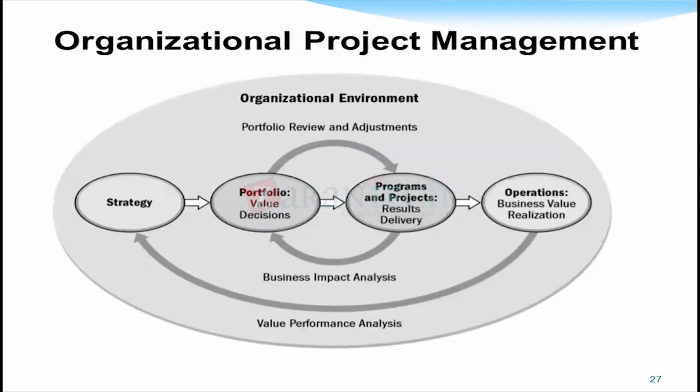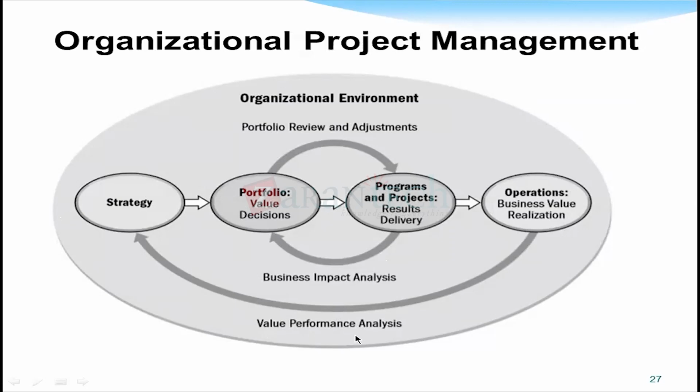From the organization perspective, you have strategy, portfolio, programs, and operations. If you say it's a good organization, it should have all these. Along with that, what is the value they are giving to the customers? At the end of the day, they should save time, cost, or effort for the end users with their products or services.